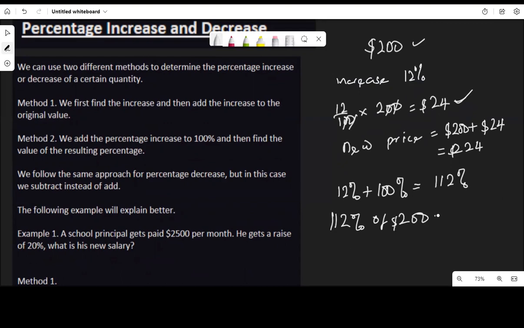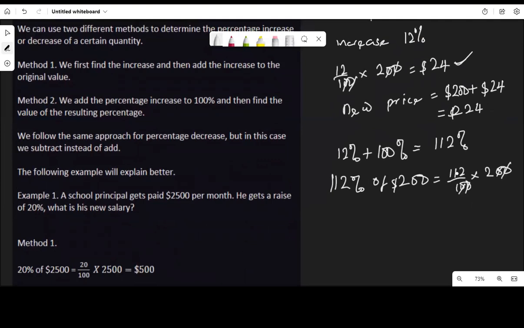That will be 112 over 100 times 200. 0 will cancel 0. That means we have 112 times 2. 2 times 2, 4. 2 times 1, 2. And 2 times 1 again, 2. So the new price is 224, just like what we have here. These are the two approaches we can use to find percentage increase of a given quantity.